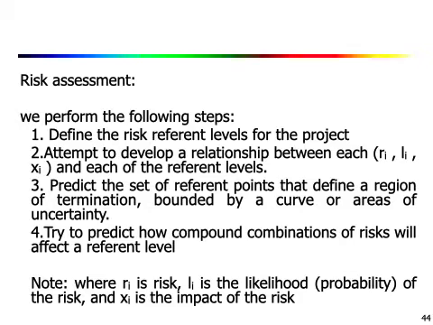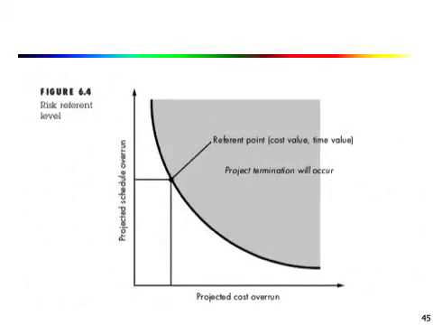Then as a third step, you predict the set of reference points that define a region of termination bounded by a curve or areas of uncertainty, like this. This shows a curve of the area of uncertainty where you have a reference point, and above this reference point the project will terminate.